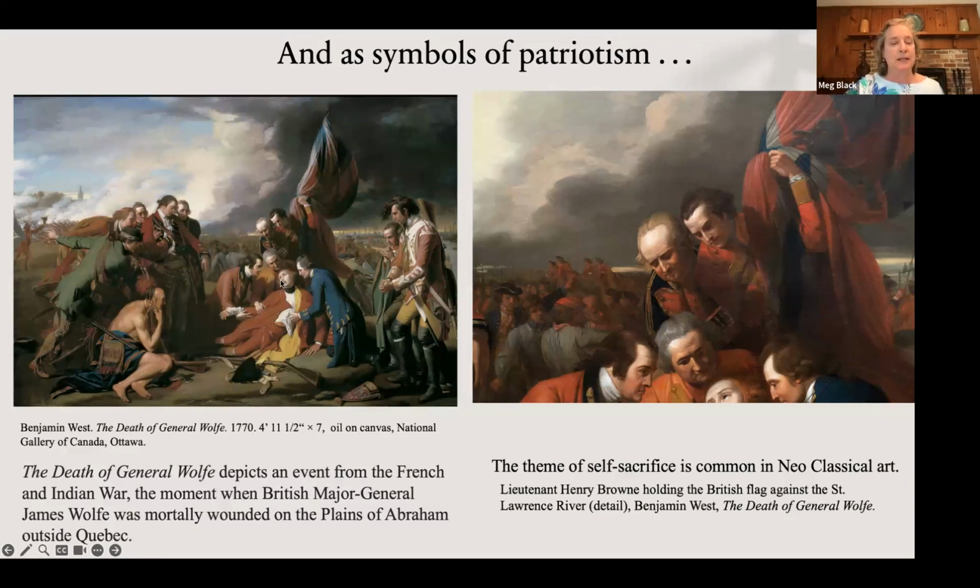We want to see him as this martyr, as this person giving up his life for a bigger cause. And then you see in the background, one of his soldiers coming in with the signed treaty from the French. This is the French and Indian War, saying that the French have abandoned their position and that he does not die in vain.